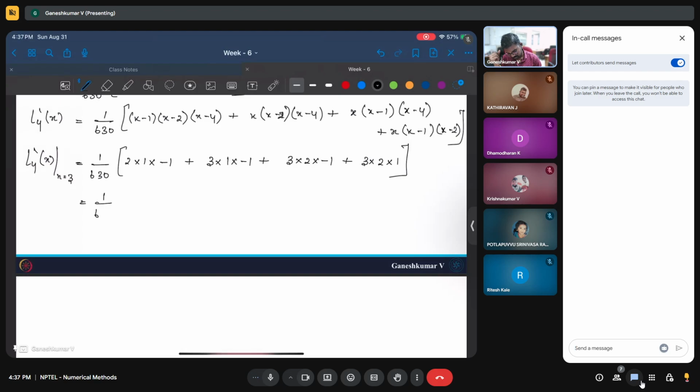All right, we are almost there. This is minus 2, this is minus 3, this is minus 6, this is plus 6. So this is minus 5 by 630. How much is 630 divided by 5? It is 126. Okay, this is minus 1 divided by 126.